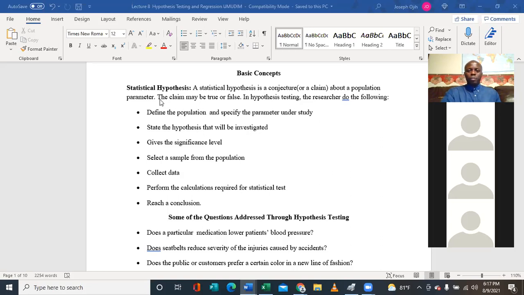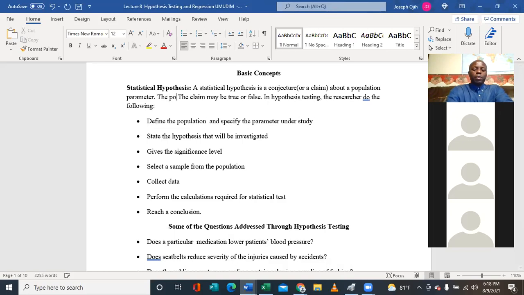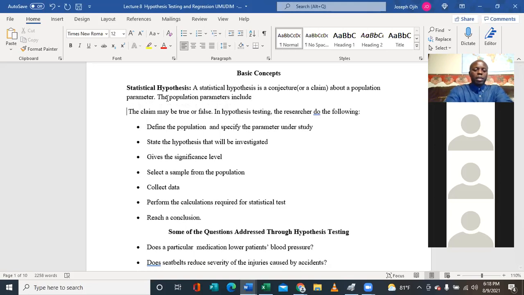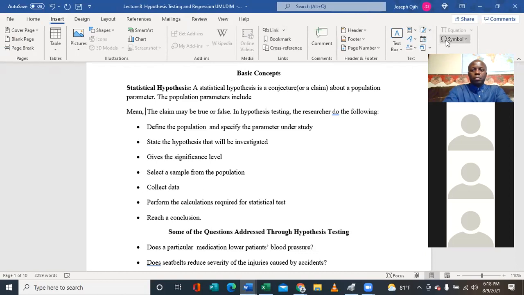When we say a population parameter, I think I've explained this before. The population parameters include things like the mean, with the symbol mu, and things like standard deviation.